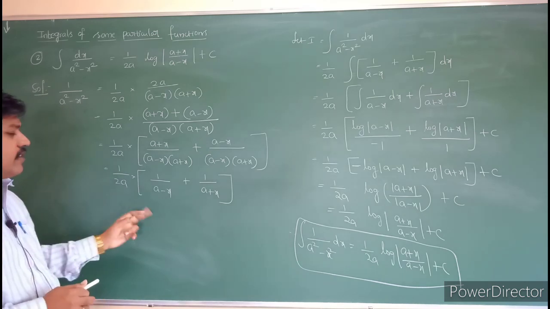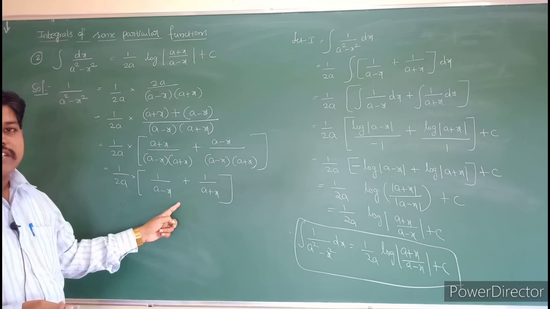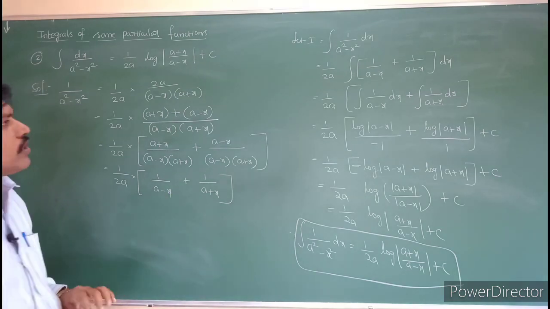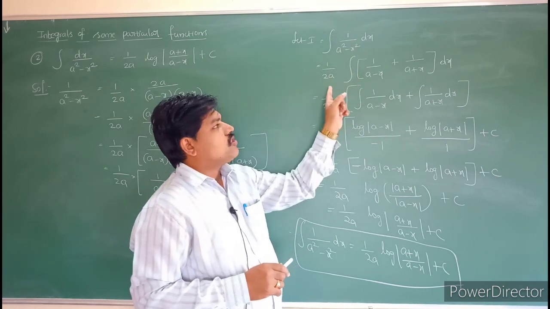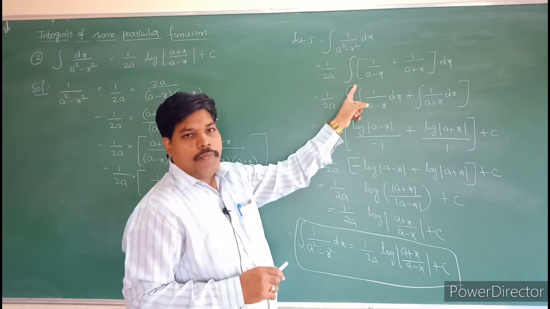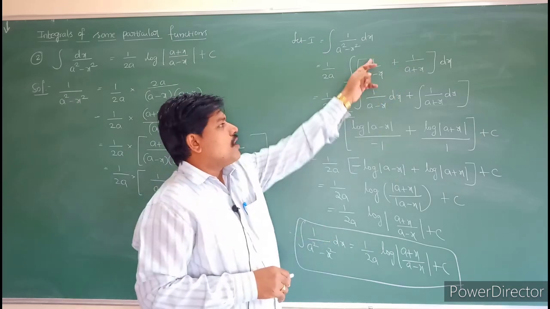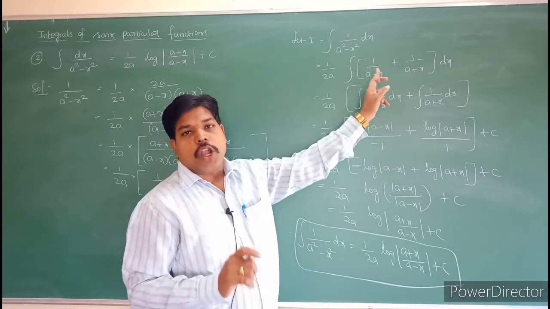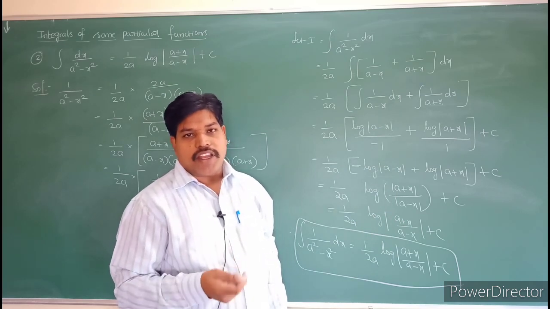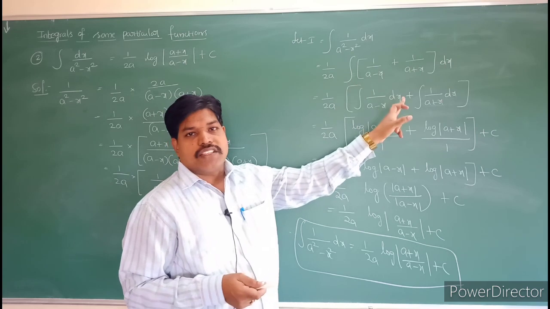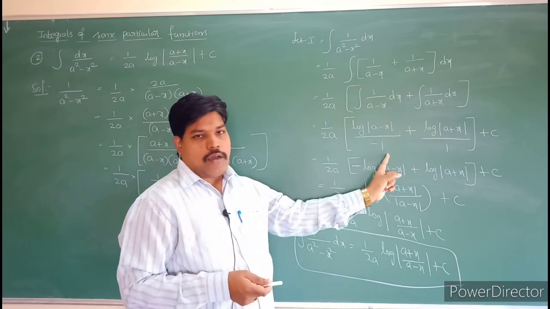So 1 by a square minus x square you can write as 1 by 2a into 1 by a minus x plus 1 by a plus x. So take the problem. Let I be the integral of 1 by a square minus x square, which you can write as 1 by 2a into the integral of 1 by a minus x plus 1 by a plus x. The integral of 1 by a minus x is log of mod a minus x, and the derivative of a minus x is minus 1, so you get that in the denominator.